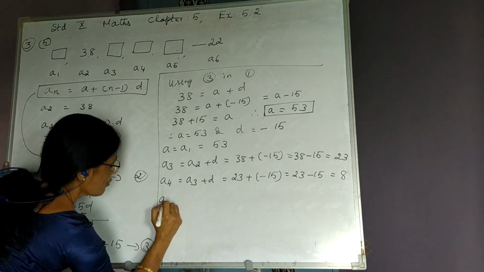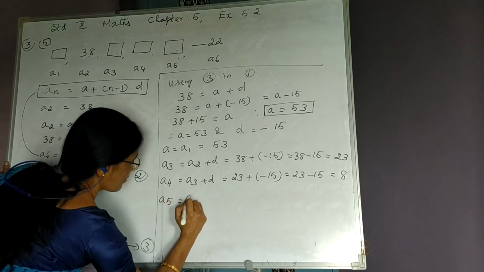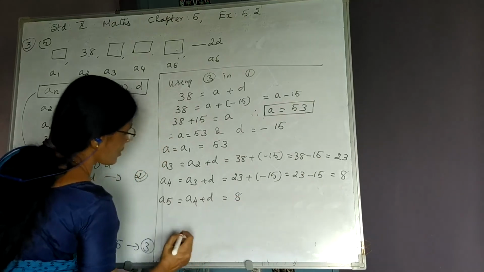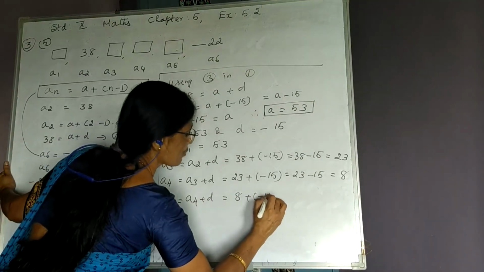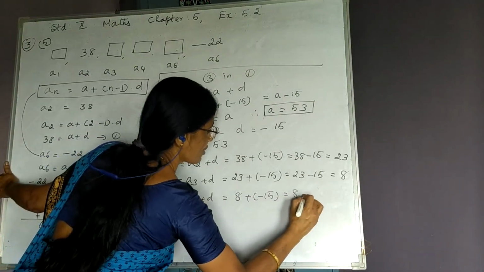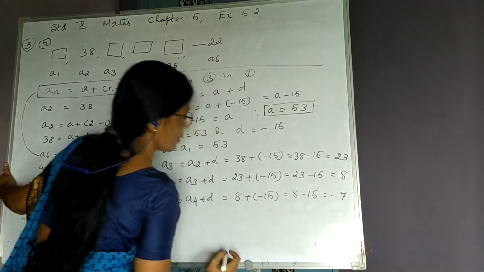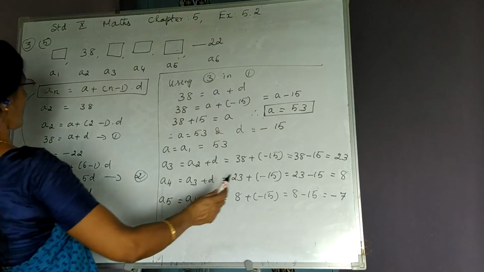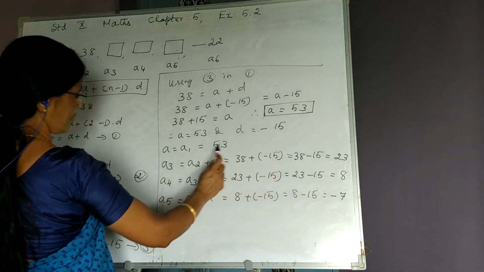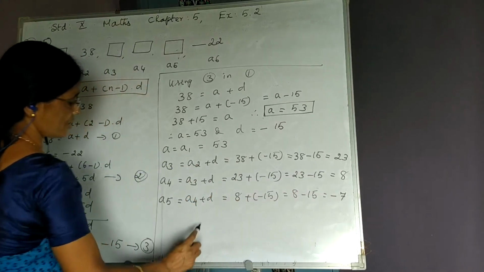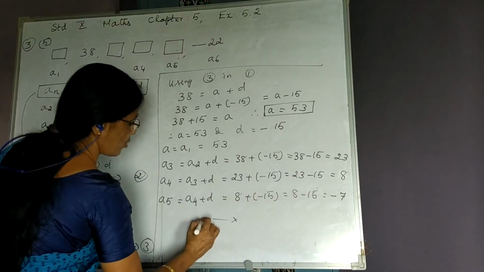Now we find A5. A5 is A4 plus D. A4 is 8. D is minus 15. So it is 8 minus 15, which is equal to minus 7. So the missing terms are A1 is 53, A3 is 23, A4 is 8 and A5 is minus 7. Hope you understood.